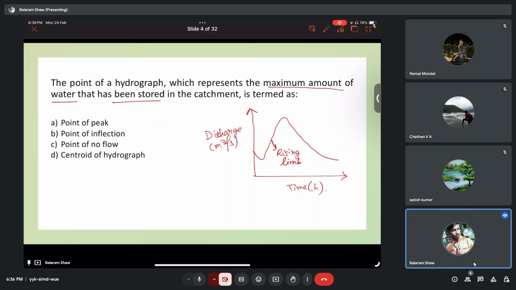So the maximum point will be the point of inflection, because after the point of inflection the storing will reduce, because in the rising limb it is getting stored, and at the point of inflection it is stopping, right? After that, for some time it will increase, and then it will reach the peak discharge or the crest point, and then after some point it will start reducing. Okay, so the correct answer will be point of inflection.